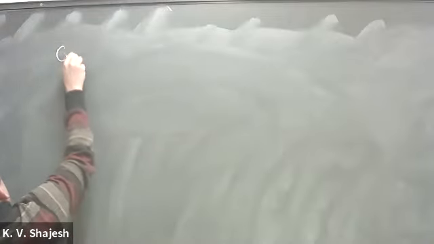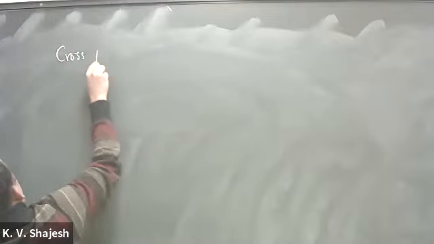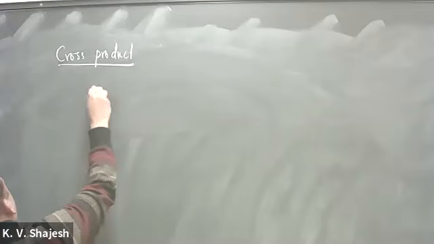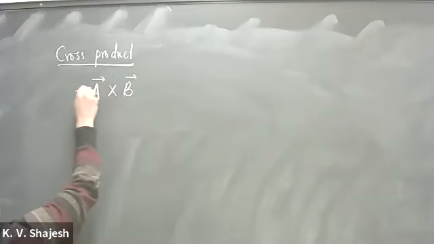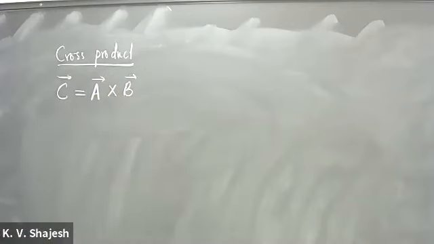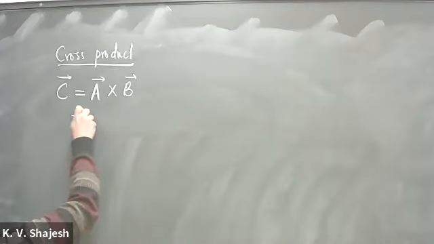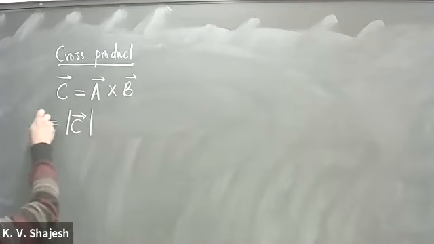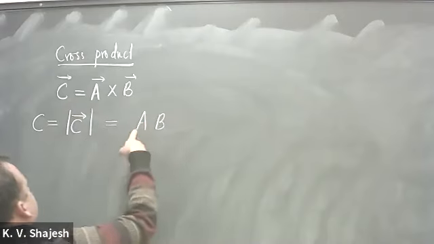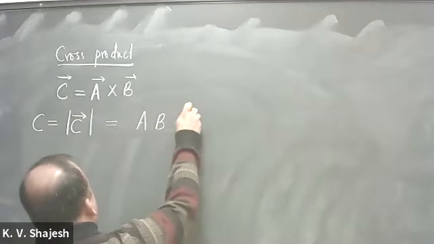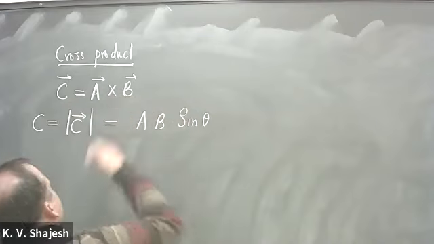So this is the vector or the cross product of two vectors, A and B. So that's A crossed with B. Let me write C is equal to A crossed with B. The magnitude of the vector C, whenever we don't write the vector sign on top of it, that means it's a magnitude, is equal to the magnitude of A times the magnitude of B, times the sine of the angle between the two vectors A and B.